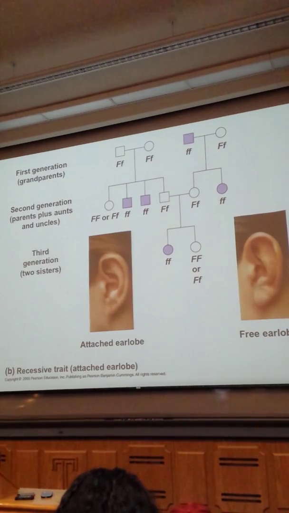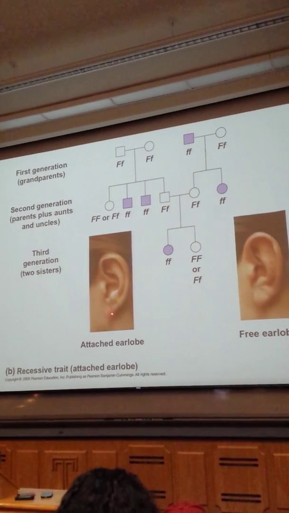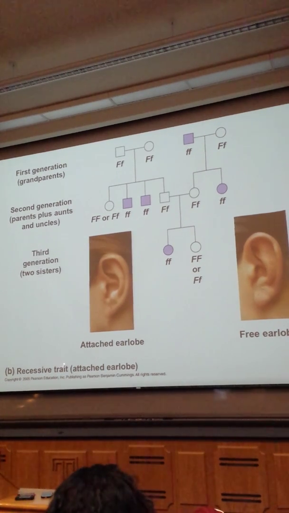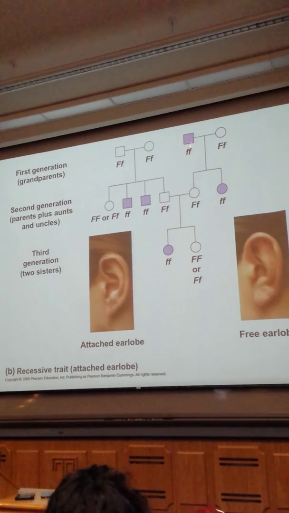All right, very similar situation with attached earlobes versus free-hanging earlobes. It's the same thing. The attached earlobe is recessive. Free-hanging is dominant. And so this is the example of a pedigree that you would get. The attached earlobe would be indicated here with this young man.